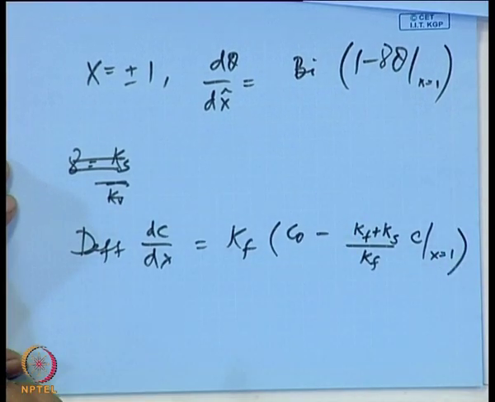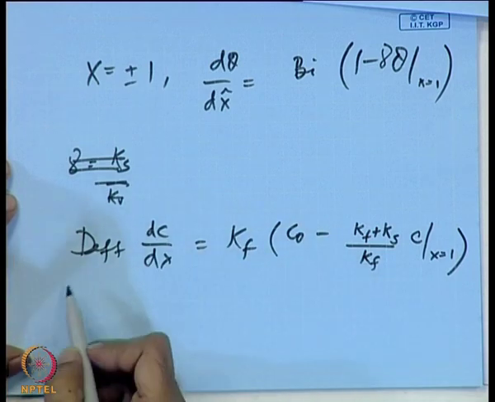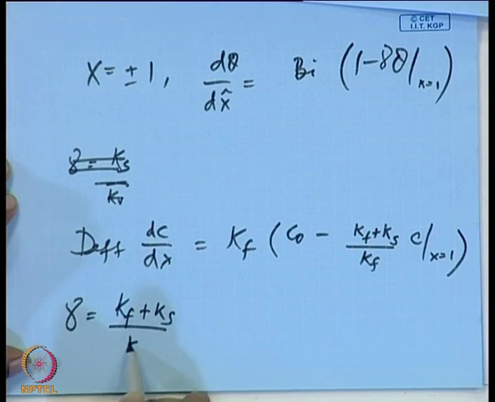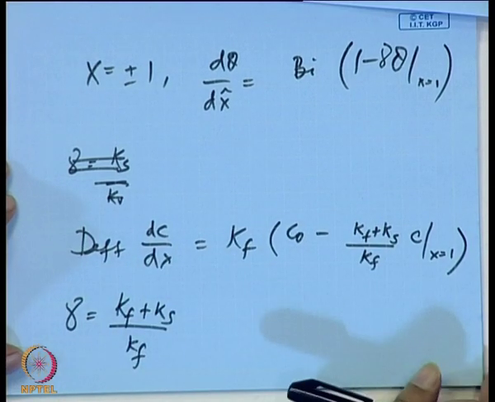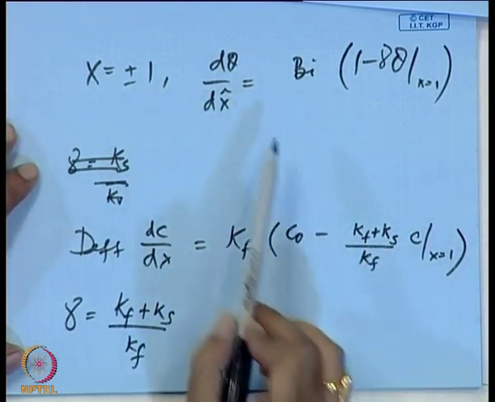Fine. So this number is your gamma, that is all I am saying. So gamma equals Kf plus Ks over Kf, right.